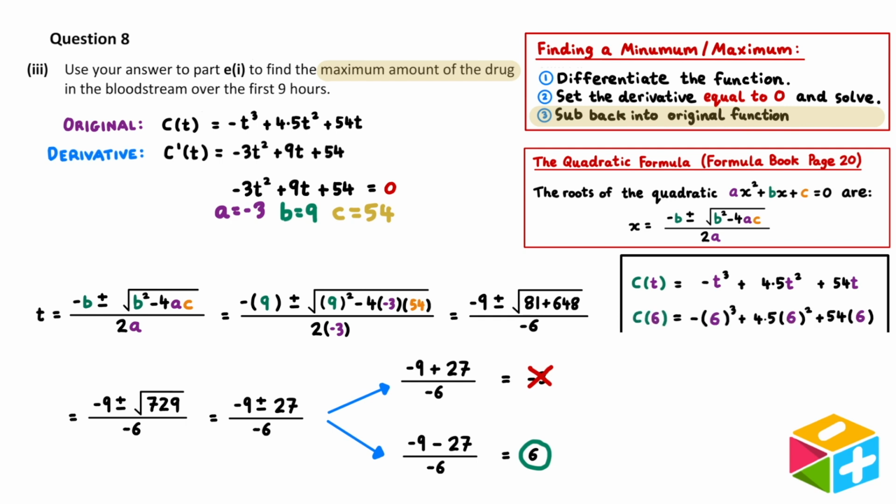This gives us minus 6 to the power of 3 plus 4.5 times 6 squared plus 54 times 6. This simplifies to minus 216 plus 162 plus 324. Performing this calculation gives us our final answer of 270 units.